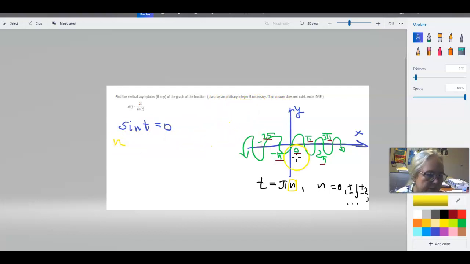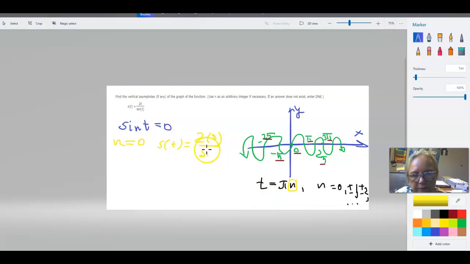And the second question in this problem was about the values of n. If n equals 0 and you plug into the function, what you get is t equals 0, so pi times 0 is 0, and you get 2 times 0 over sine 0.